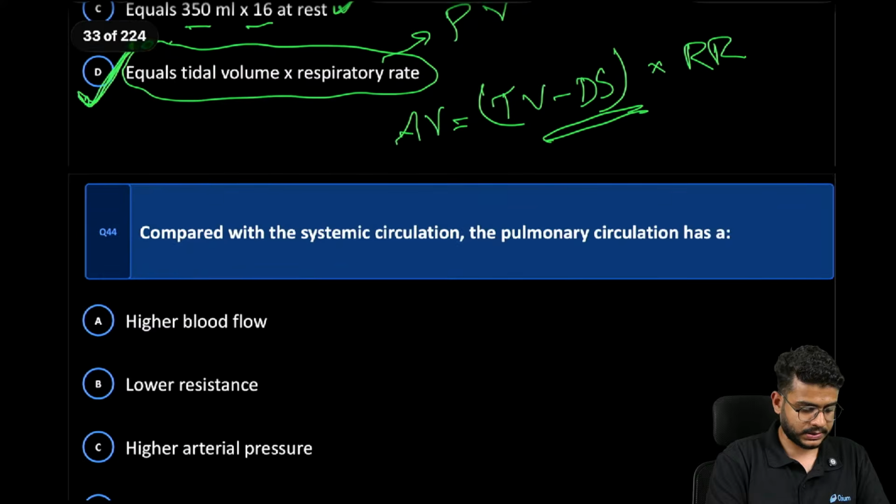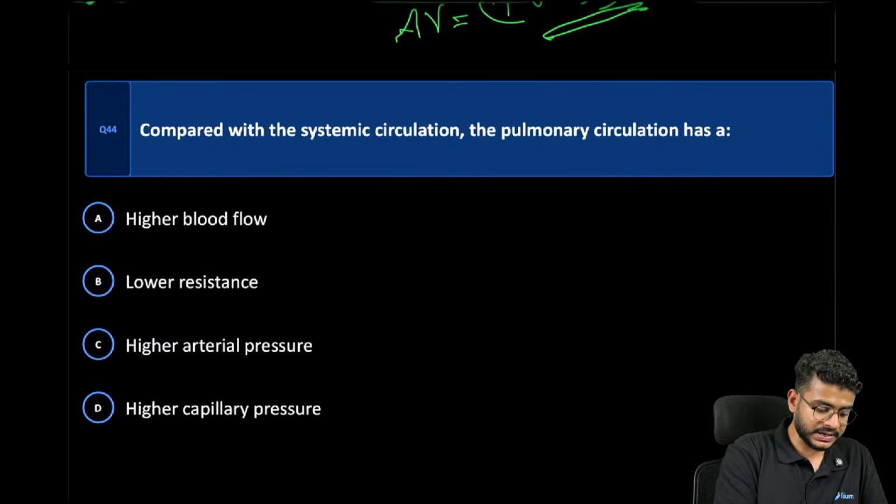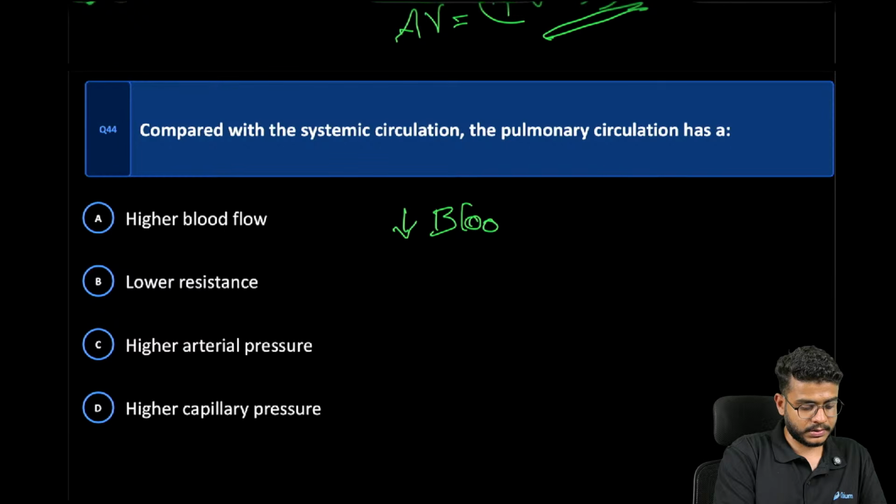Let's go to the next question. Combined with the systemic circulation, the pulmonary circulation. So the pulmonary circulation, just know that it has reduced blood flow or pressure and reduced resistance, compared to systemic circulation.